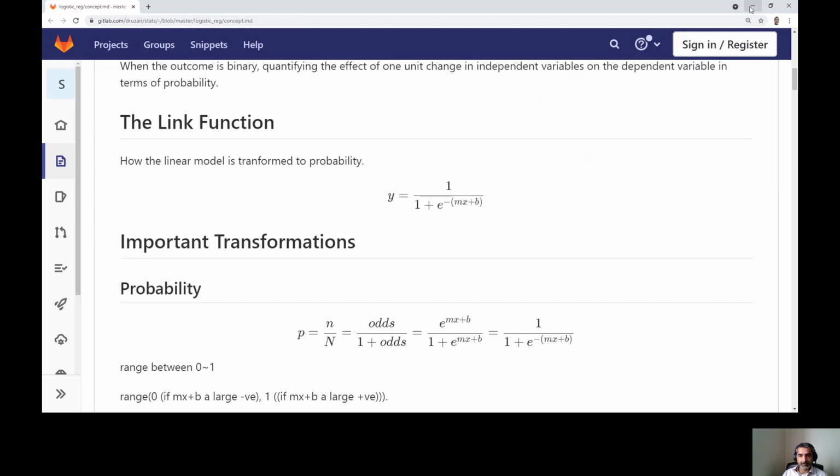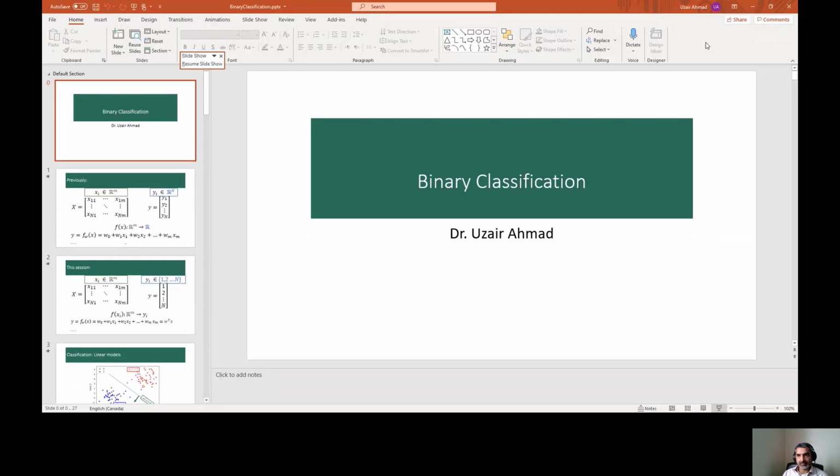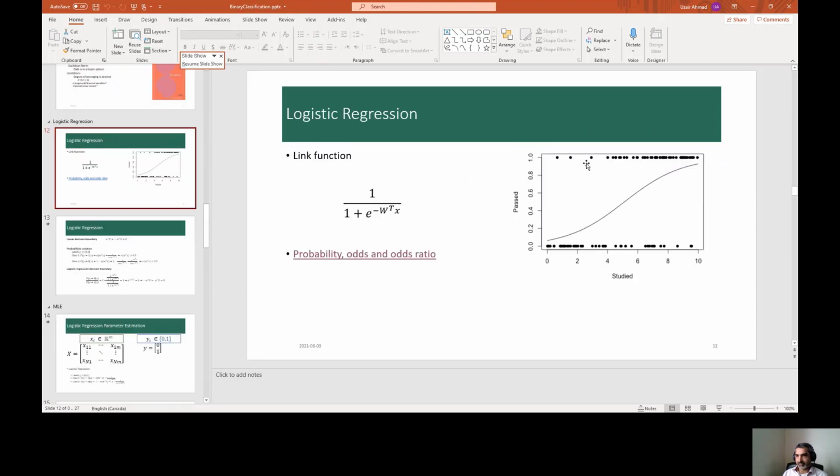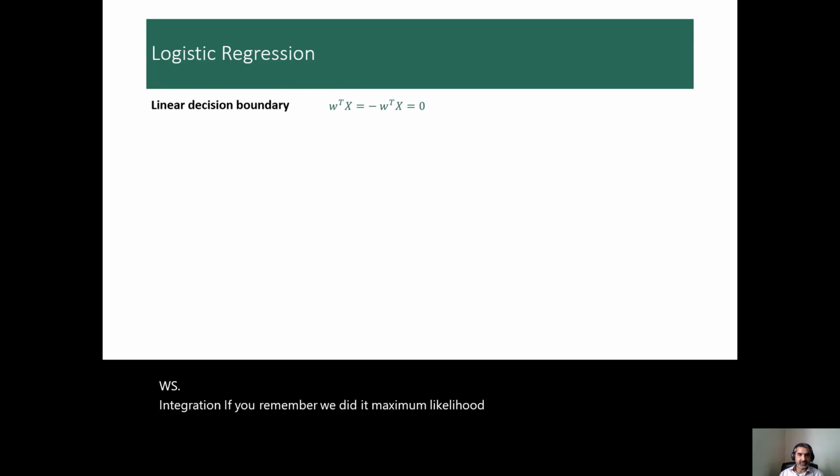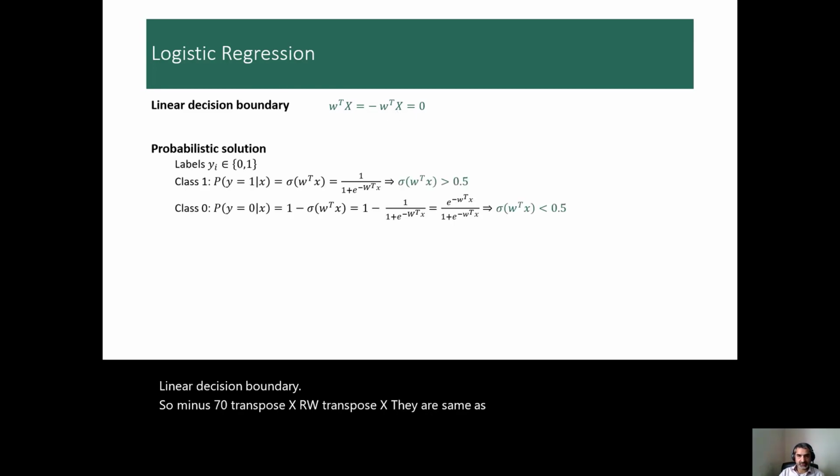Now, let's look at the case of real numbers and the problem of estimating W's. In regression, if you remember, we did it the maximum likelihood way. So let's do the same here. Linear decision boundary. So minus W transpose X or W transpose X, they are the same as long as they are equal to 0.